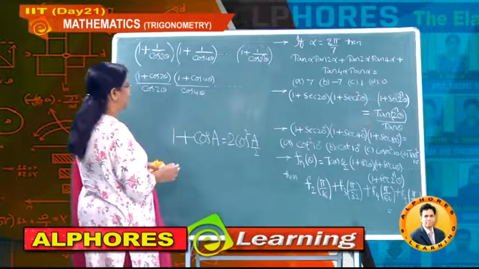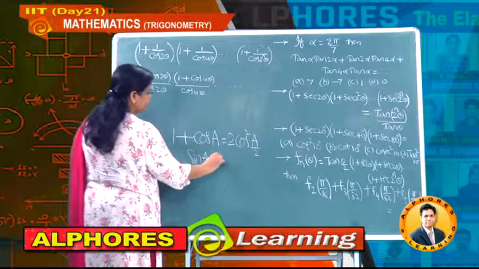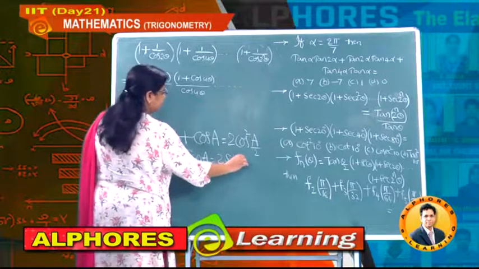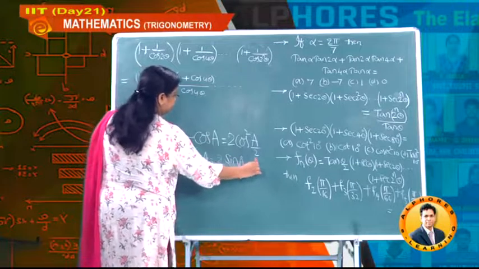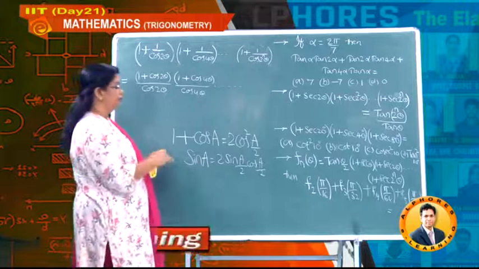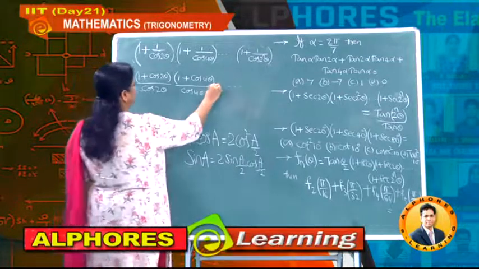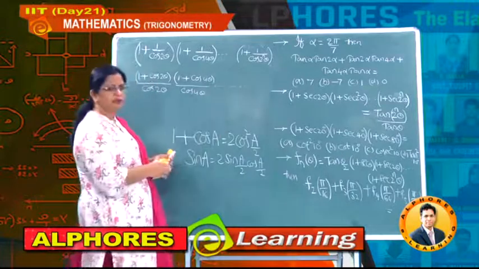Moreover, another formula is sin 2A equals 2 sin A cos A. Submultiple angles you can represent, so you will get the other terms also.